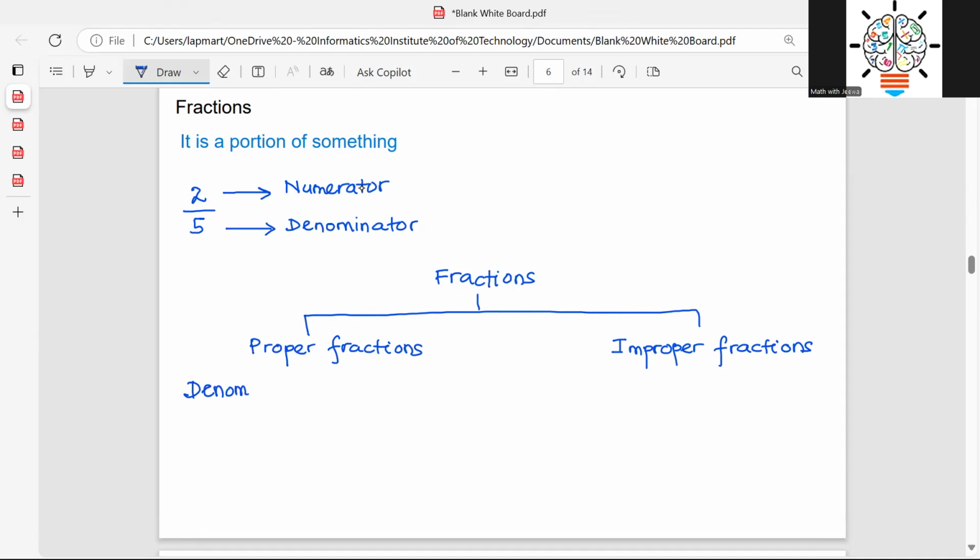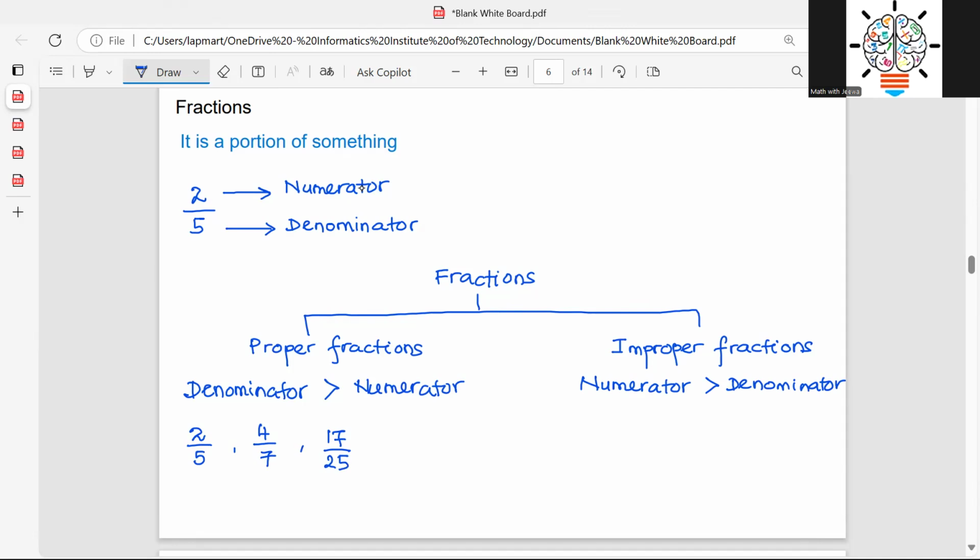When your denominator is bigger than the numerator, it is a proper fraction. For example, 2 over 5, the denominator is bigger. Then 4 over 7, the denominator is bigger. Then 17 over 25, the denominator is bigger. So it is a proper fraction.